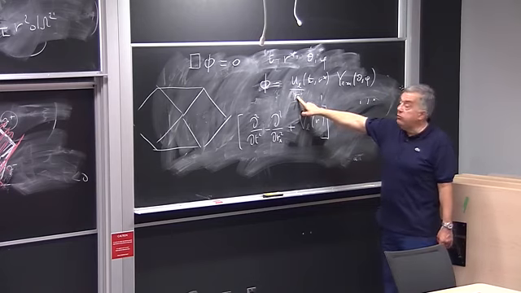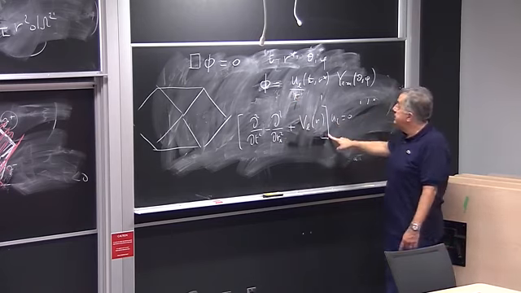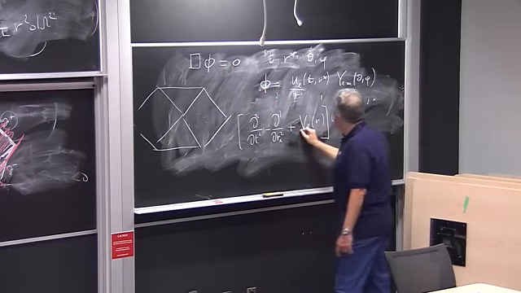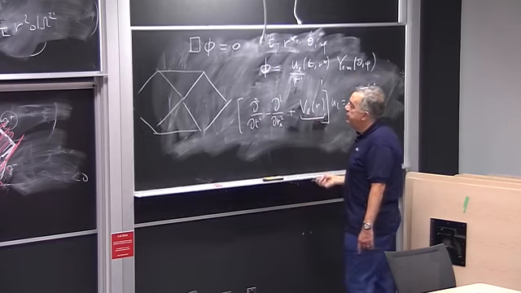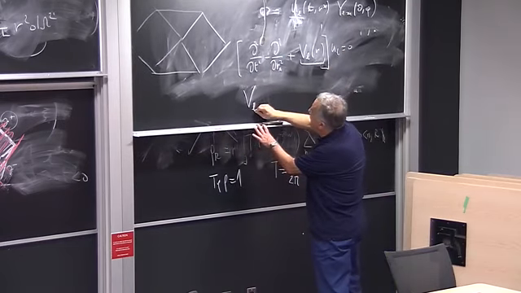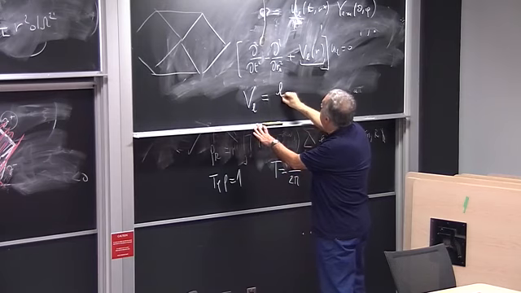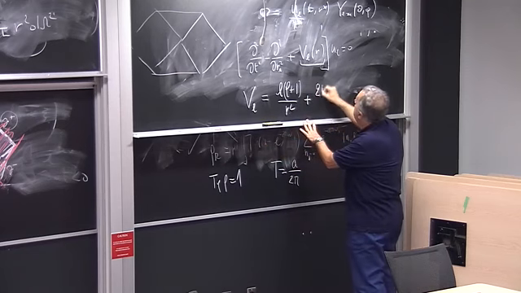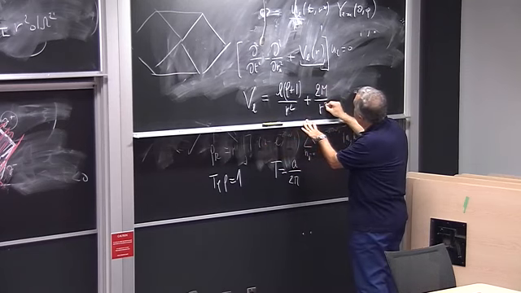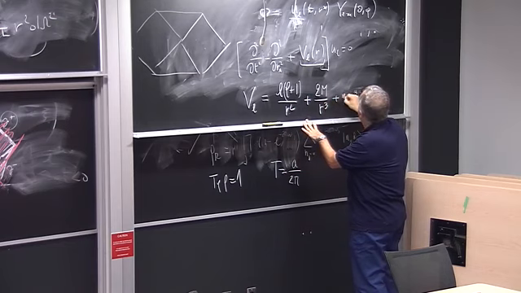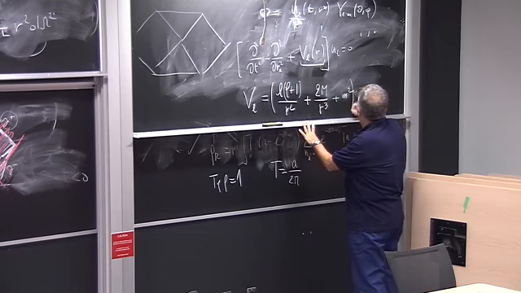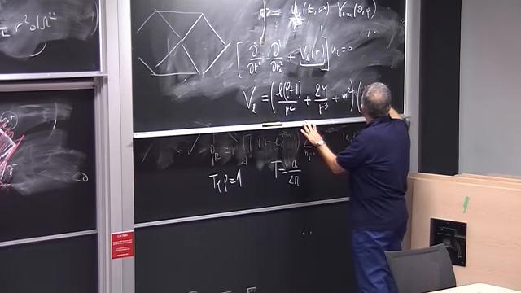Do the calculation and you will see that this is this operator, or you can even put an M, and you get a potential here. The potential is going to depend on the angular momentum. It has the following form. The centrifugal term, the Schwarzschild term, and eventually the mass term if you are studying the massive case.